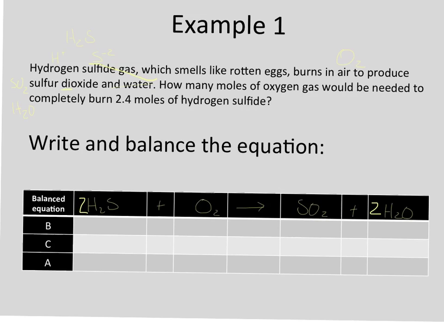That kind of doubles our sulfur on the reactant side, so we need to put a 2 here for sulfur on the product side. Adding up all of our oxygens, we have 2 times 2 is 4, plus this 2 times 1 is 2, so 4 plus 2 is 6. So we need to make this one 6. So now we have our balanced equation.